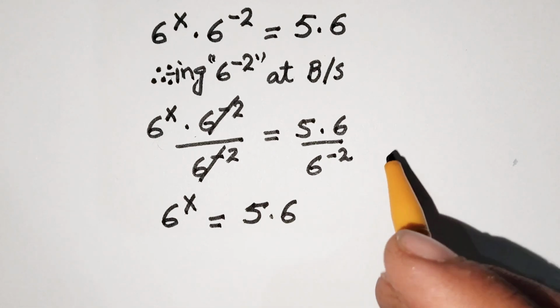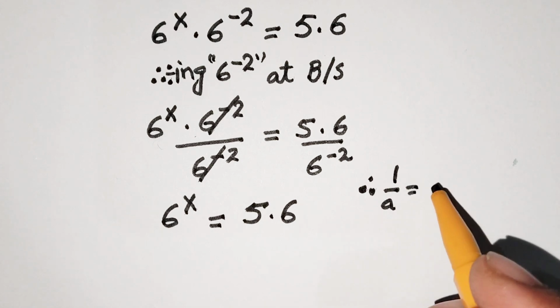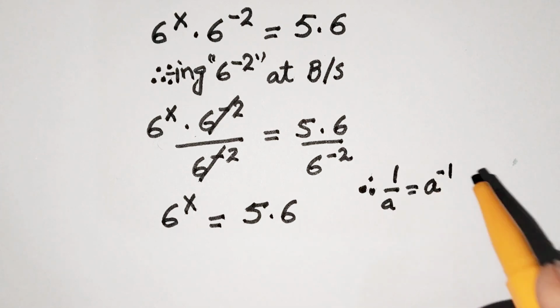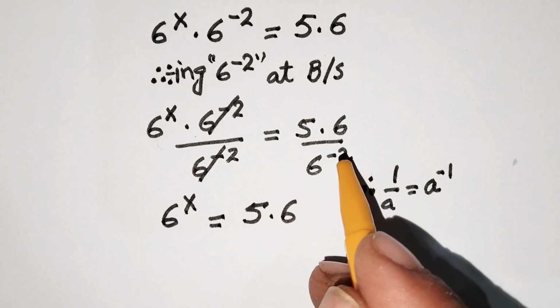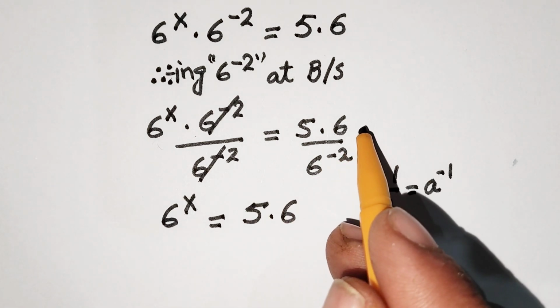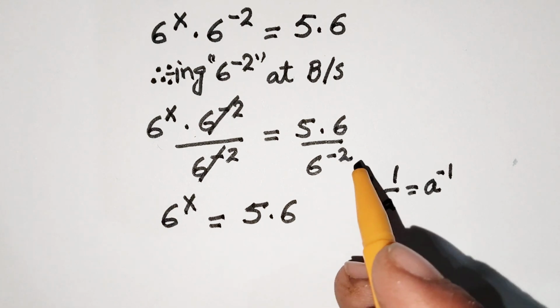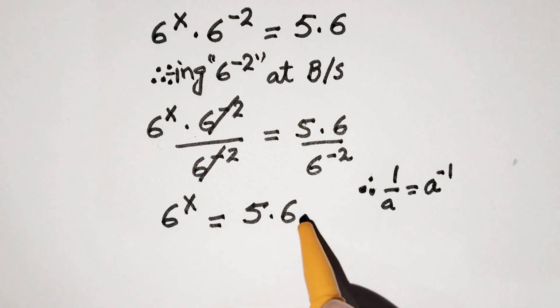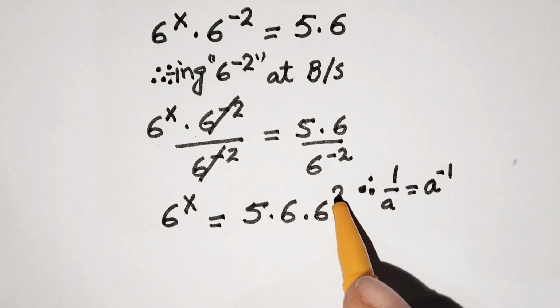We know that 1 by a is also equal to a raised to the power minus 1. So 6 raised to the power minus 2 in the denominator goes to the numerator, and we have to change the sign of the 2. So 5 times 6, times 6 raised to the power plus 2.